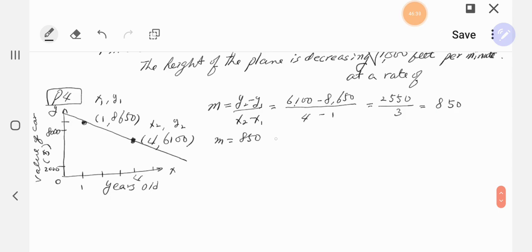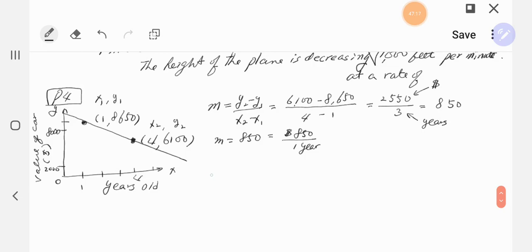What does it mean? The numerator is the value of the car, the price. And the unit for the denominator is the year, number of years. So 850 means $850 over 1 year. So slope 850 means every year the value of the car decreases by $850.